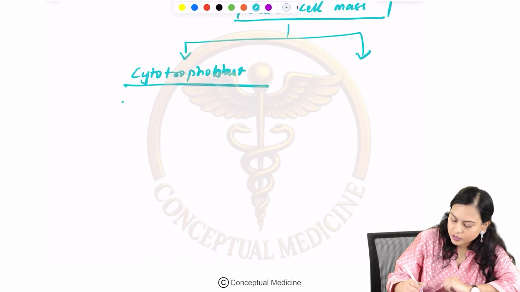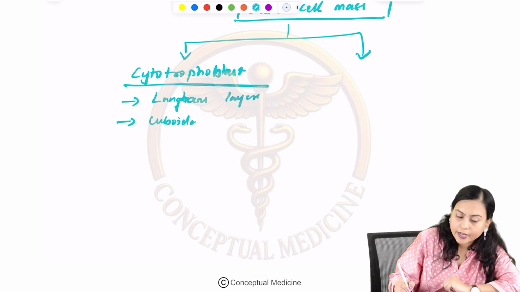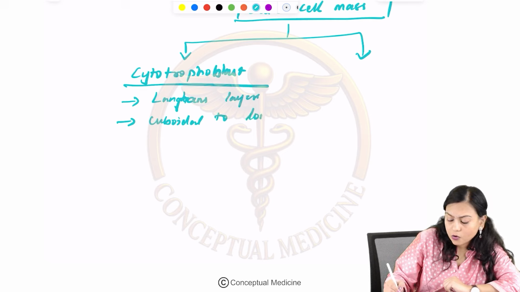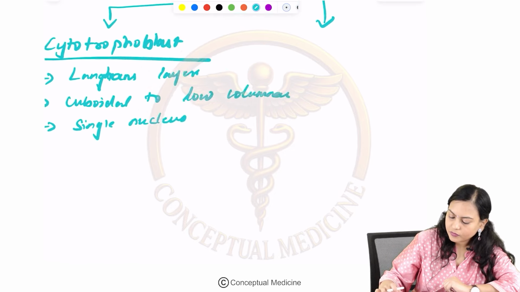Cytotrophoblast layer is also known as Langerhans layer. Basically, these are cuboidal to low columnar type of cells with a single nucleus present inside.